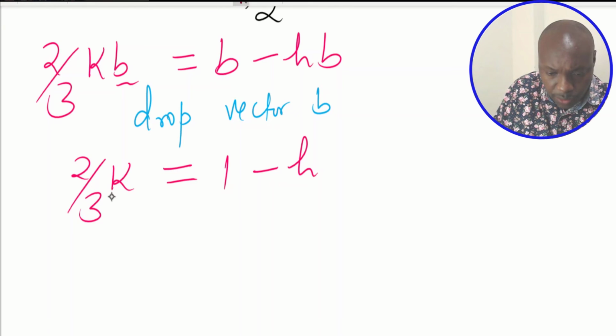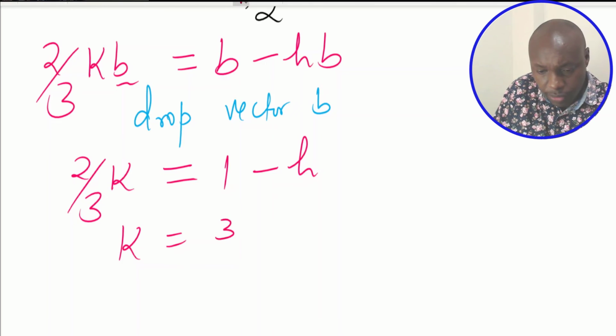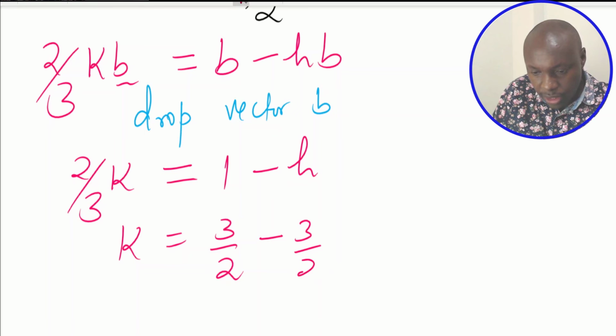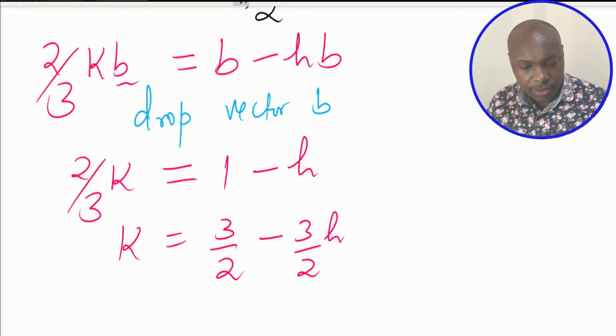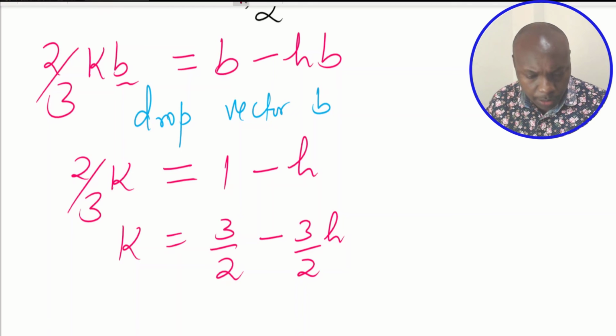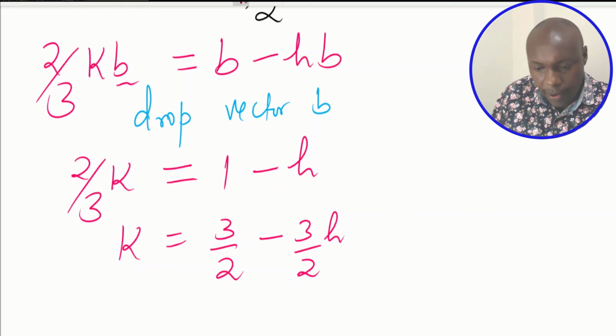When you multiply 2/3 K times 3/2 you get K. 1 times 3/2 gives 3/2. Then 3/2 multiplied by H gives 3/2 H. Each term must be multiplied.